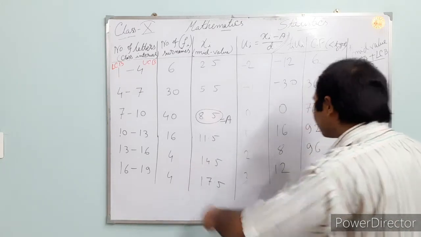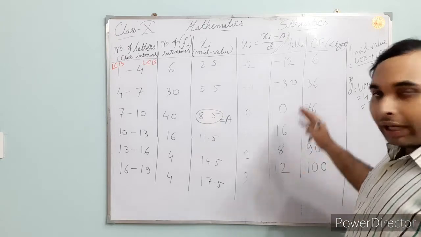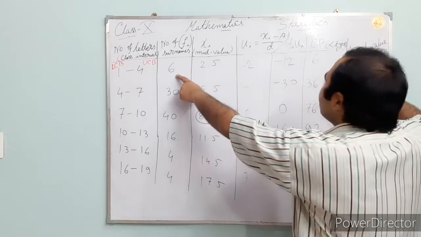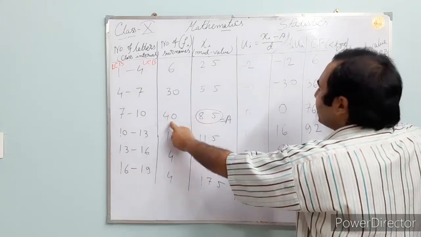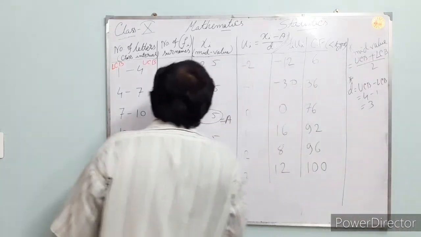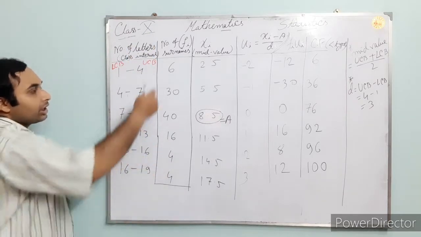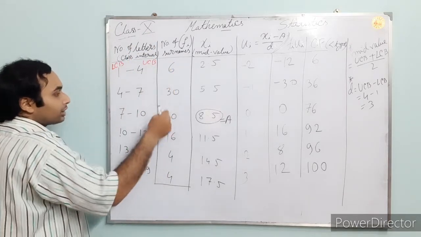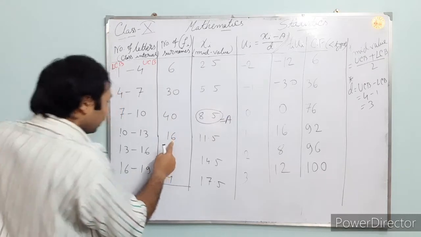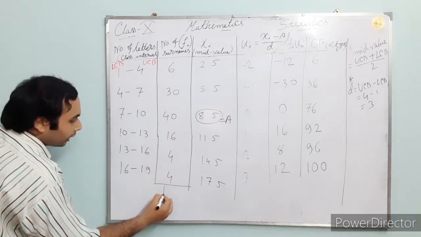And 96 plus 4, it is coming 100. I think you have got it. First one will be here, then corner-wise you have to add. And the other two columns you have to add those frequencies. Here also, this is 36, 76, 92, 96 and 100.